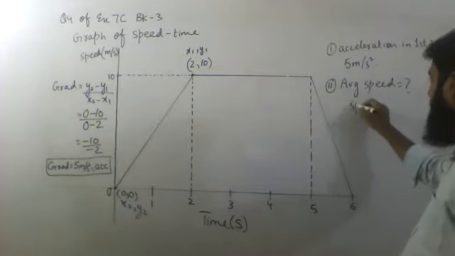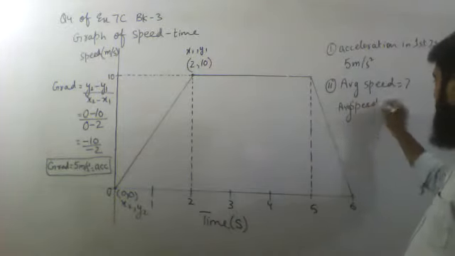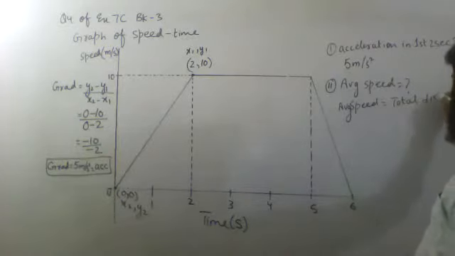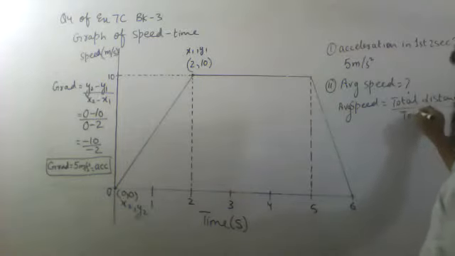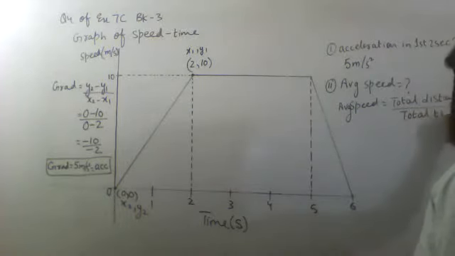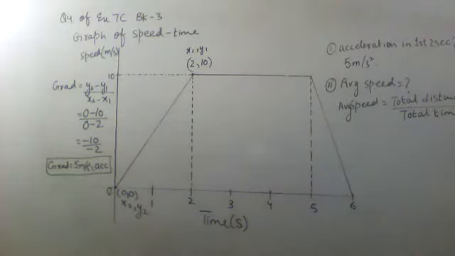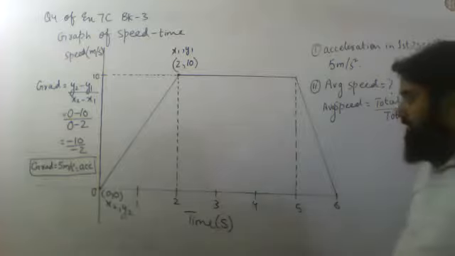Okay, so we have to find average speed over here. We know that average speed equals total distance over total time. I'm going to apply that over here. Total distance: how will I find my total distance?